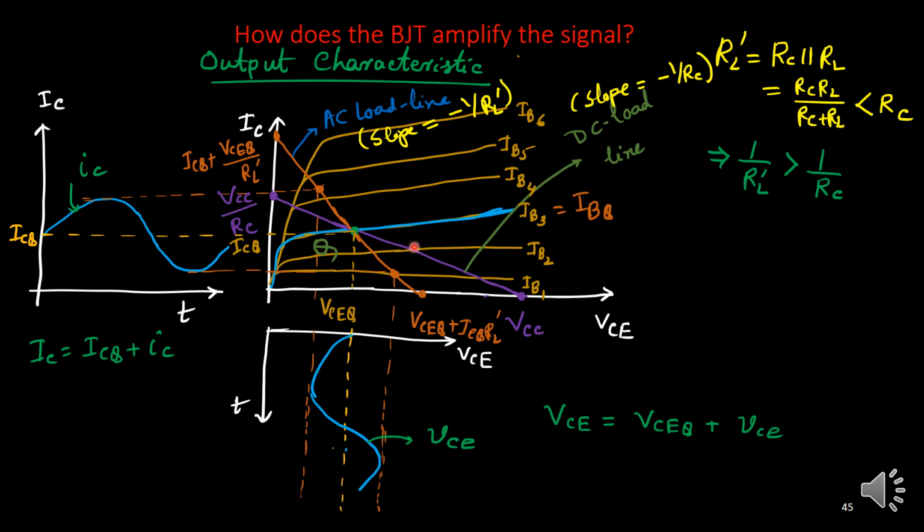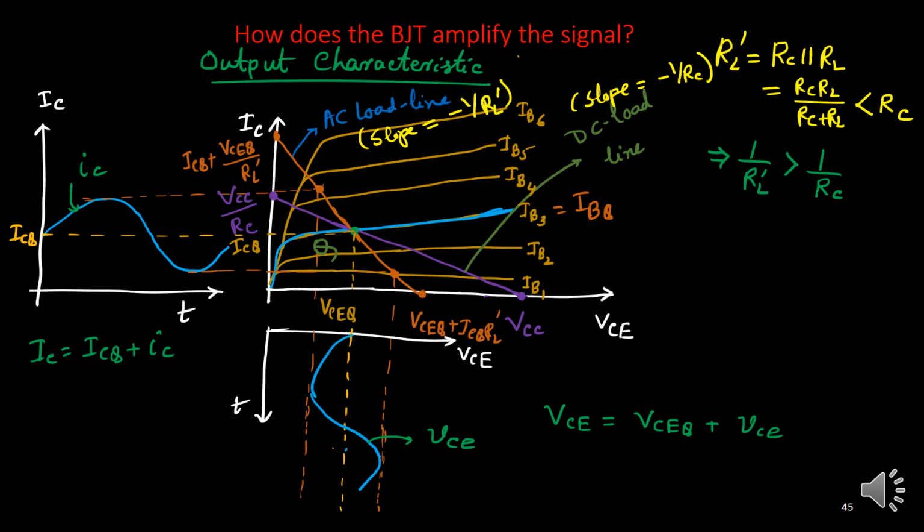This is a very, very important thing. So we can remove the DC load line for the time being and work with only the AC load line to get these AC variations. Essentially, if we want to compute the amplification factor or other things, we need to consider only the AC load line and its slope. Its slope will be minus 1 upon RL prime, not the DC slope.